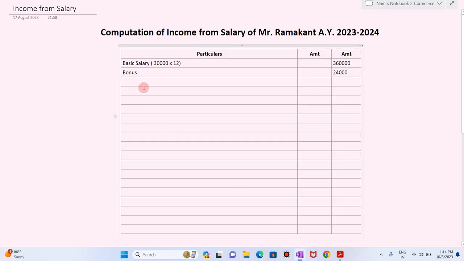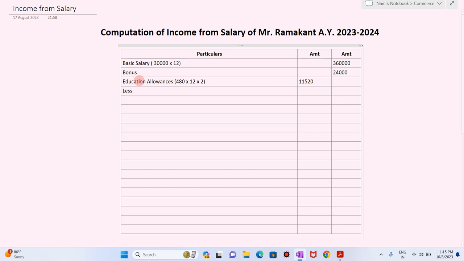So for education allowances, write 480 multiply by 12 per annum, and Ramakant is having two children. So 480 multiply by 12 multiply by 2, we get 11,520. We are writing it in the inner column.